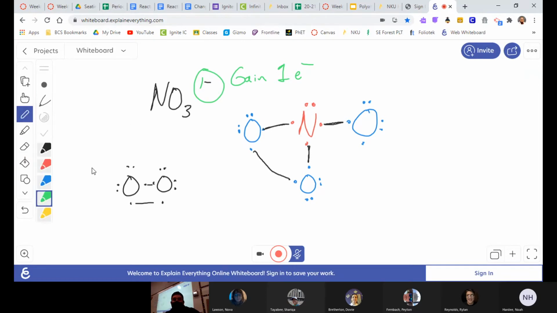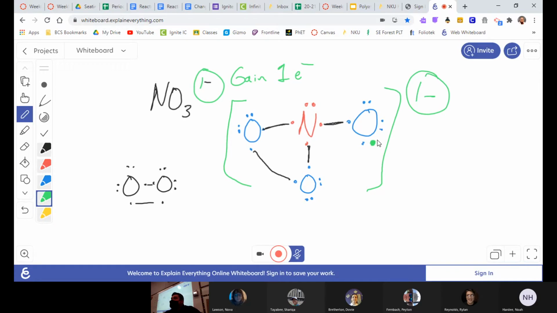So the only way to make this exist is if I give this oxygen an electron. This would exist. This is a happy compound. If you give it one electron, it's a happy compound.